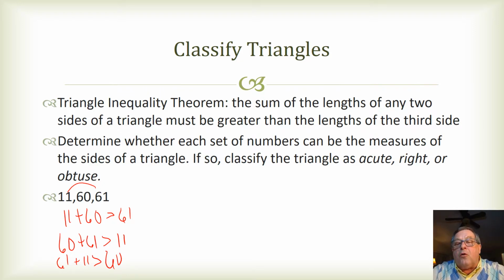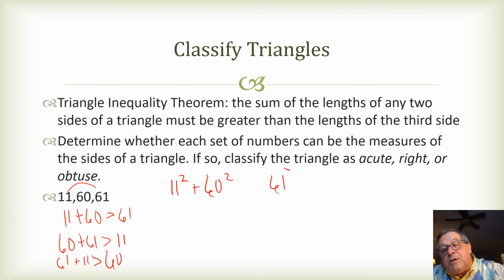Now we're going to determine whether a squared, which is 11 squared, plus b squared, which is 60 squared, is equal to, greater than, or less than 61 squared. So let's see, we got 11 squared plus 60 squared, and we got 61 squared. So I'm going to use my calculator. Well, I know 11 squared is 121. And 60 squared is 3,600.